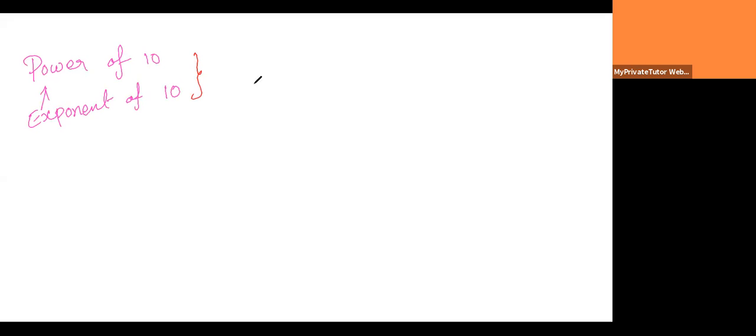That is nothing but the base is 10 and the exponent will be something. It can be 3, it can be 5, any number. Why I'm explaining this is, you might come across the topic called standard form and scientific notation.